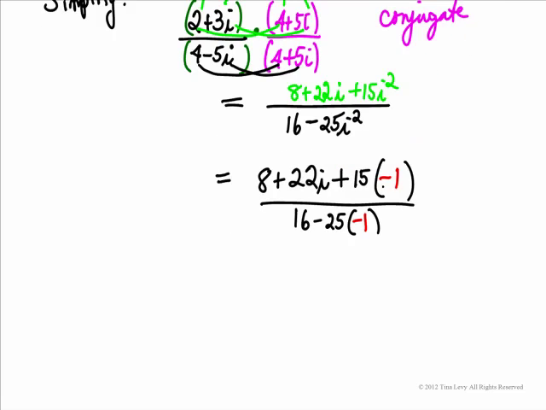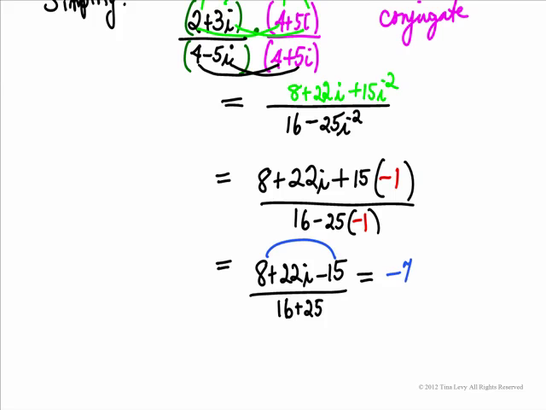Now we're ready to make this a negative 15 and combine like terms. So we've got 8 plus 22i minus 15 over 16 minus a minus, plus 25. We can see that 8 minus 15 is negative 7 plus 22i divided by 16 and 25 is 41.